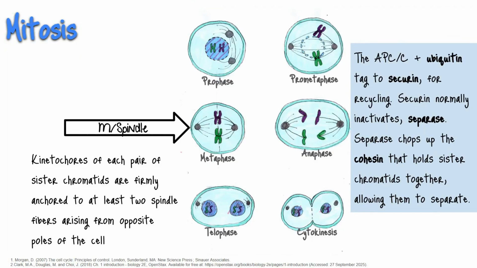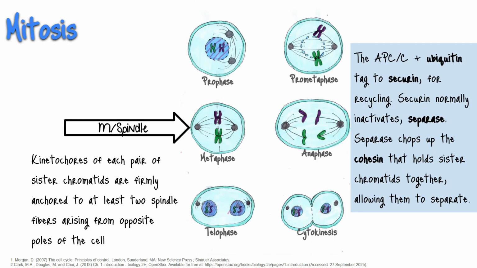If the APC/C gets the right signals at metaphase, it starts a chain of events that destroys cohesin, the protein glue that holds sister chromatids together. The APC/C first adds a ubiquitin tag to a protein called securin, sending it for recycling.